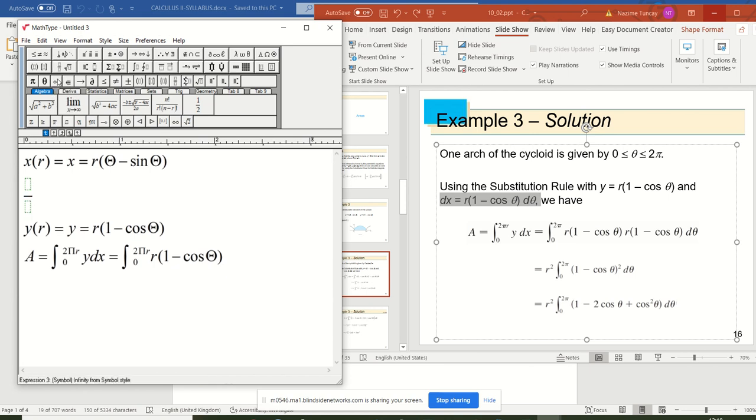We are finding the derivative with respect to theta. It equals r times, you can see that the derivative of theta is 1, and the derivative of sine theta is cosine theta, so I write cosine theta.